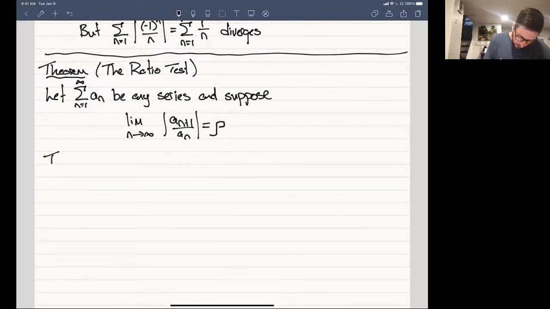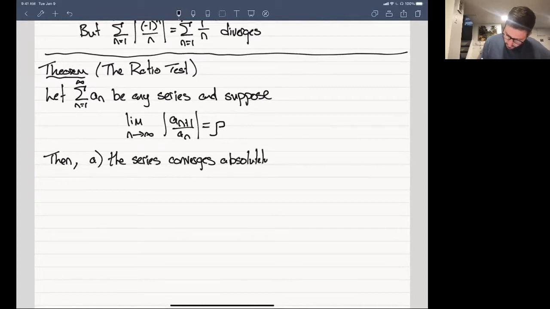Then we have three cases. A, the series converges absolutely if rho is less than 1. What that means by converging absolutely is not only the series converges, but also the series of absolute values converges, okay?